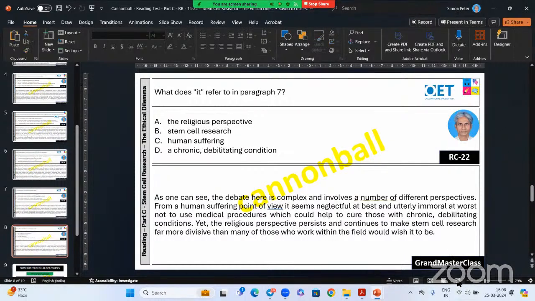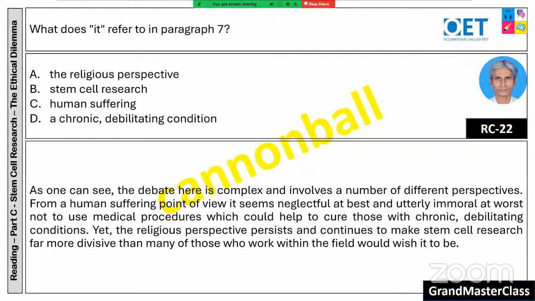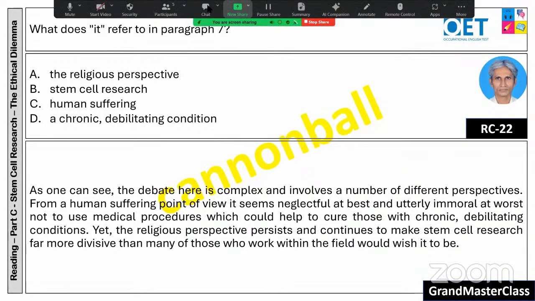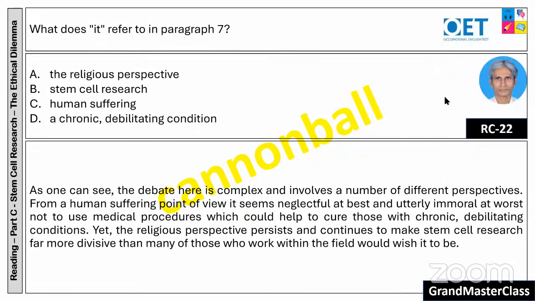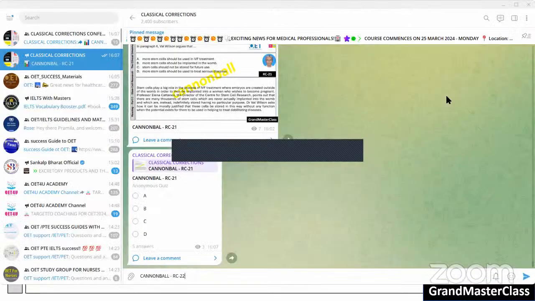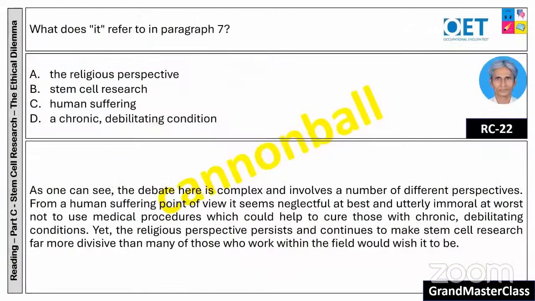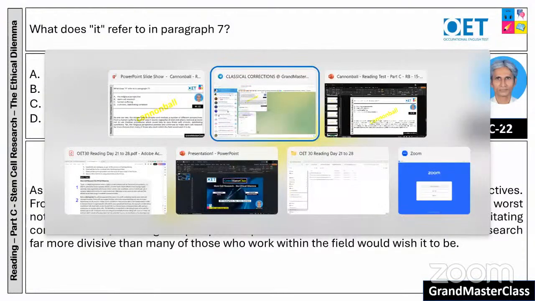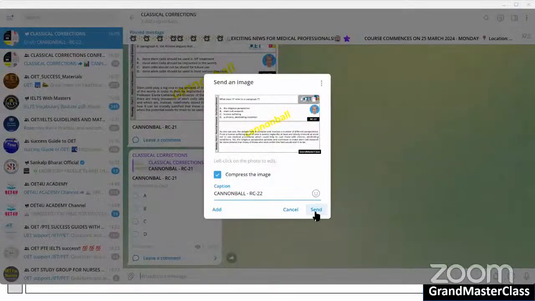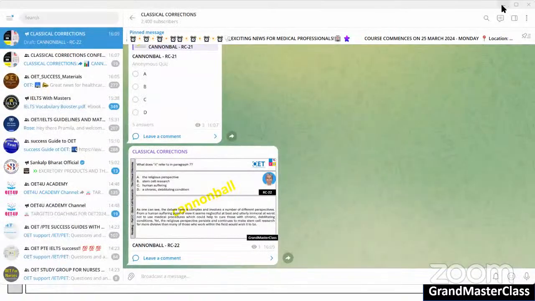Last question. Cannonball RC 22. Print screen. Last question, 90 seconds.